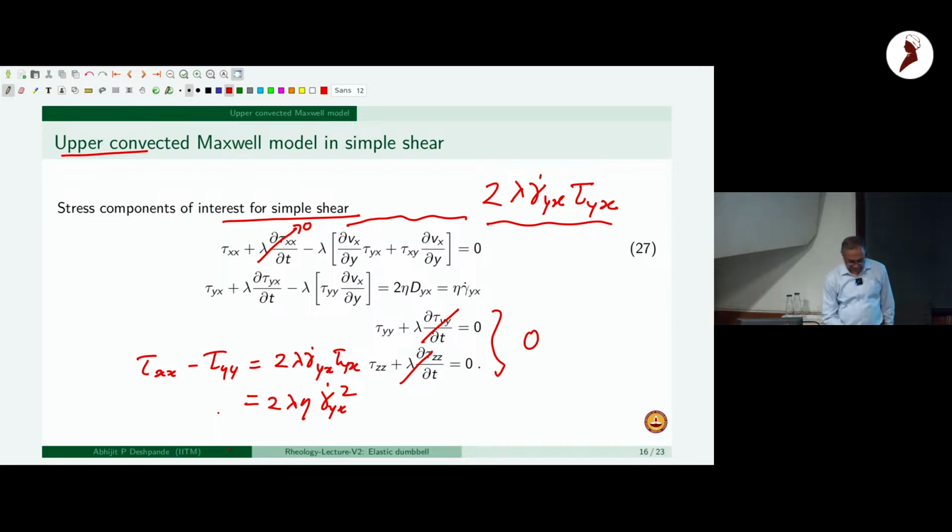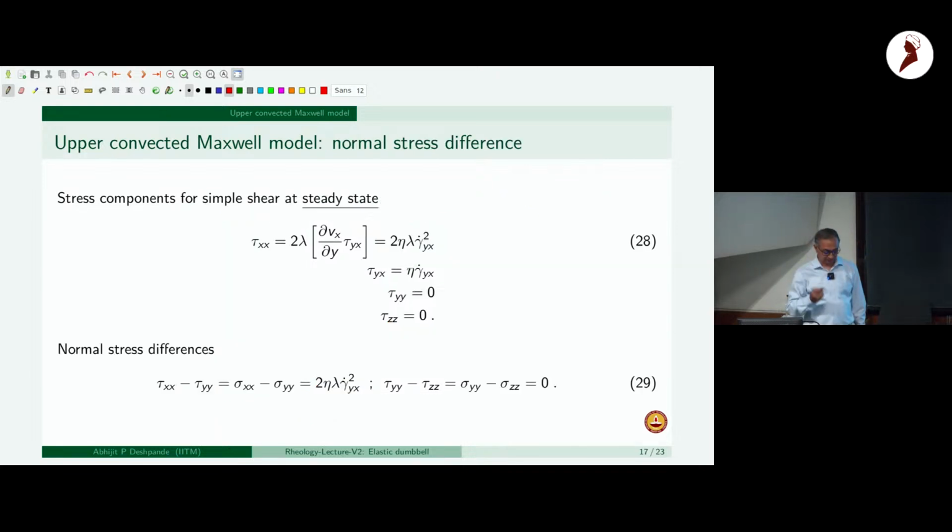And we define the normal stress differences based on the flow direction, shear direction, and the vorticity direction. And that's just done by convention. So as I mentioned, you have the first normal stress difference as non-zero, second normal stress difference as 0, according to the upper convected Maxwell model.